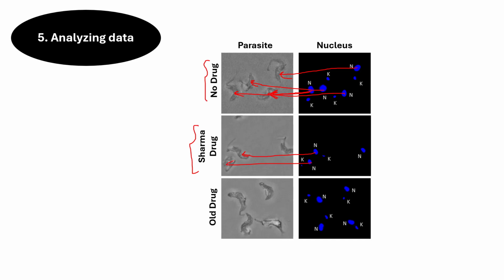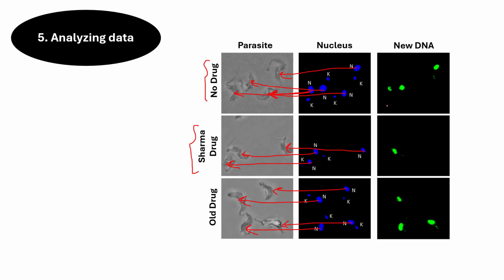The nucleus of all these parasites is represented in blue. We had a technique in which the DNA could be tracked in green color. So out of the 4 parasites, 3 were synthesizing new DNA.